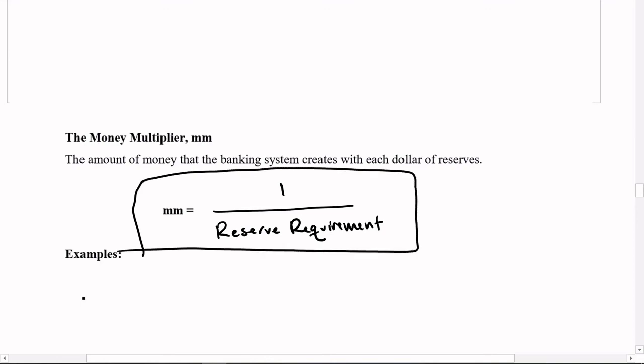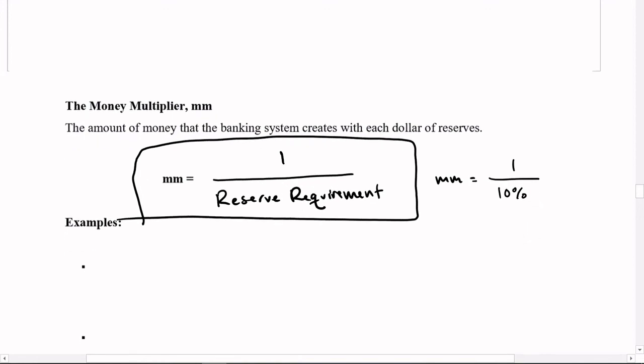Okay, and so in our case, the money multiplier is 1 over our reserve ratio, which was 10%, so 1 over 0.1, which is just equal to 10.